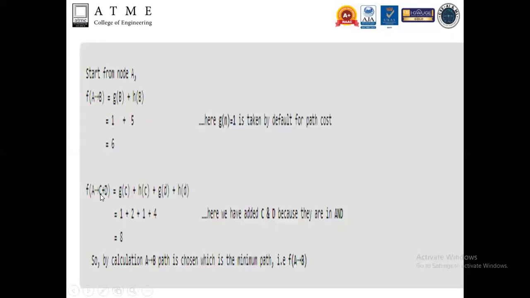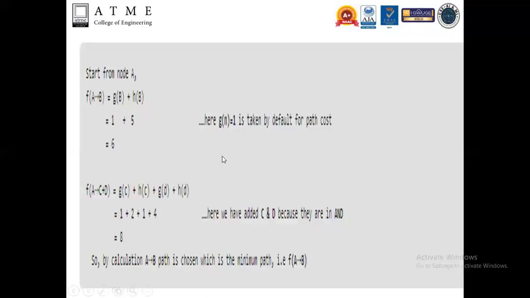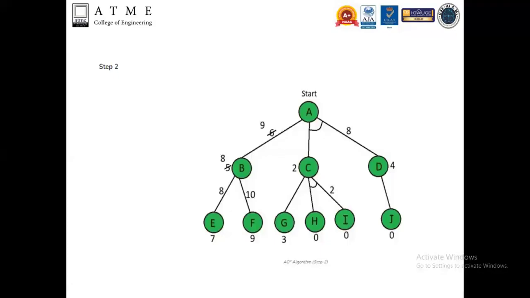Similarly, for A to C and C to D, g of C, h of C, g of D and h of D have been calculated, and the cost comes to 8. As you can see here, it is 8. Similarly, by calculation, the A to B path is chosen, which is the minimum path, that is f of E, and the cost associated with it is 6. Whereas A to C, A to D is associated with a cost of 8, which is more compared to the previous path.